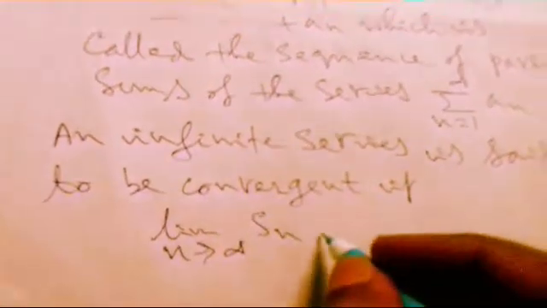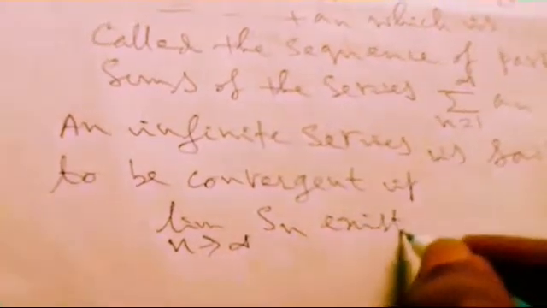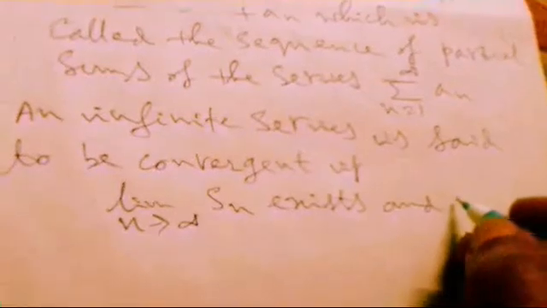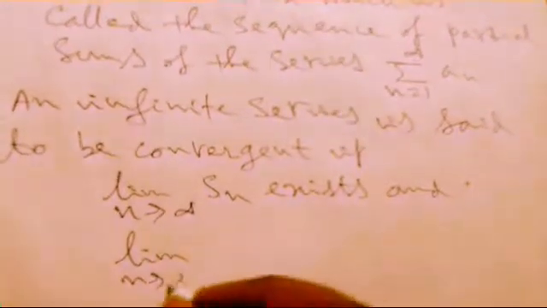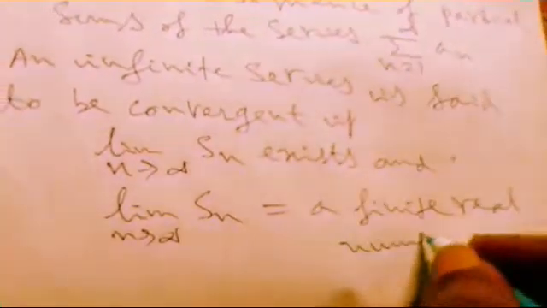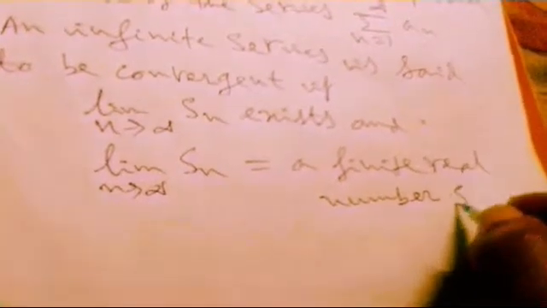If we take the limit as n tending to infinity of S_n, and if it exists, existence means the limit as n tending to infinity of S_n will be a finite real number, say S, whatever the real number may be.